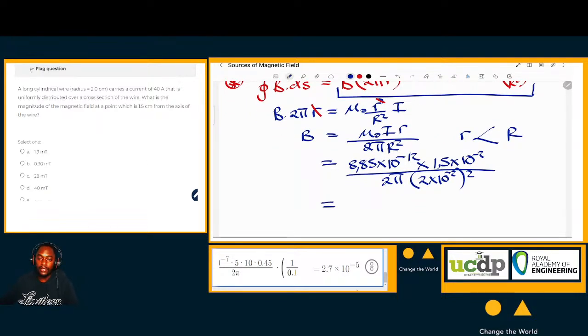Then we can punch this to see what we get.